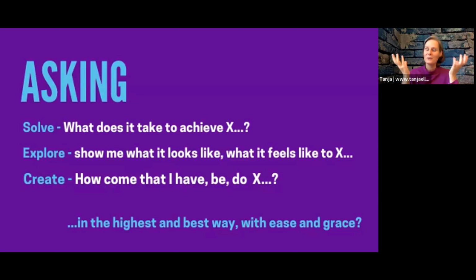Or how come that I look so youthful lately? That is already assuming that I already look youthful. When we combine this with how come that, or how is it that, or why am I, then this prompt brings up all the answers to that. Oh yeah, I look so youthful because I drank 3 liters of water today, or you get that idea, right?